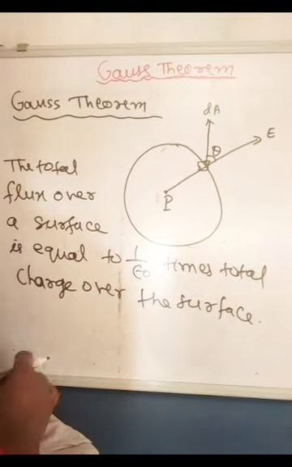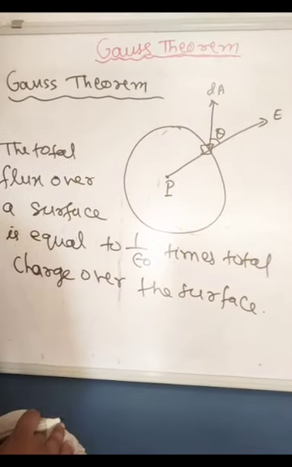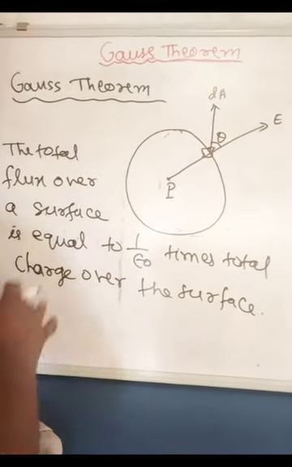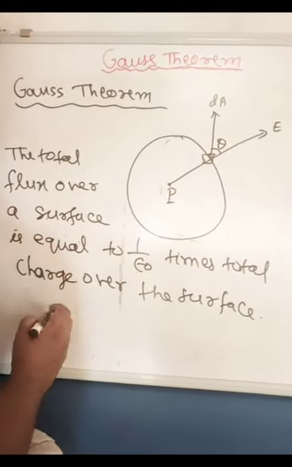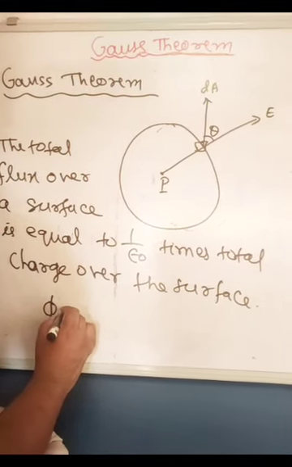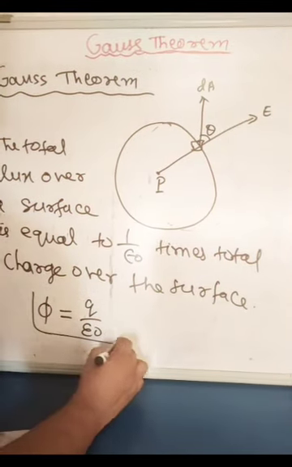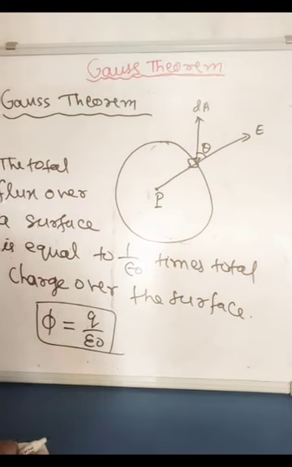Suppose this surface contains Q charge, and we have to calculate the total flux coming out of this spherical surface or any surface. Then phi equals Q upon epsilon naught. We have to derive this formula.